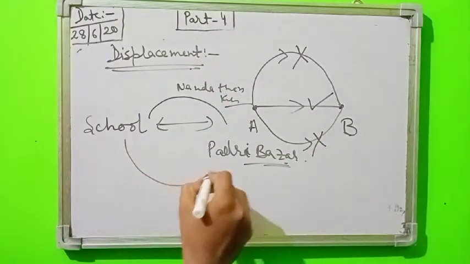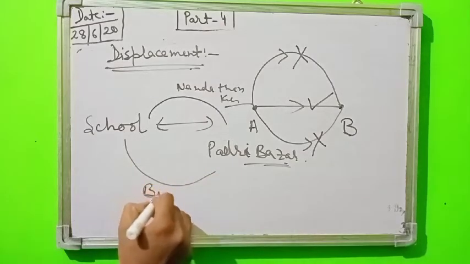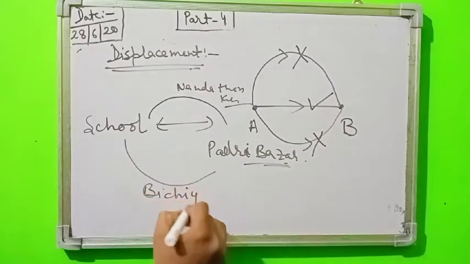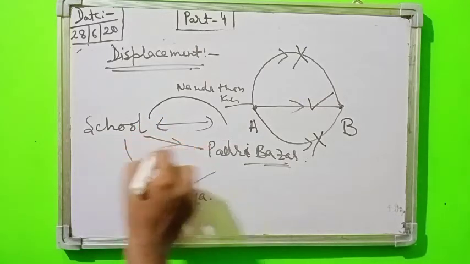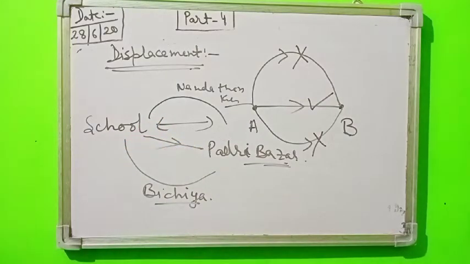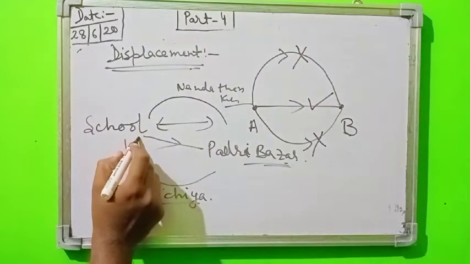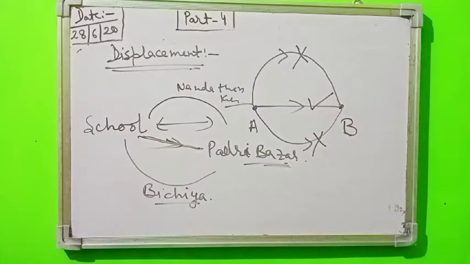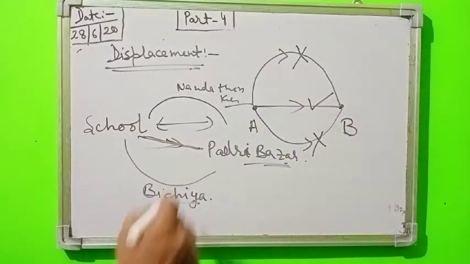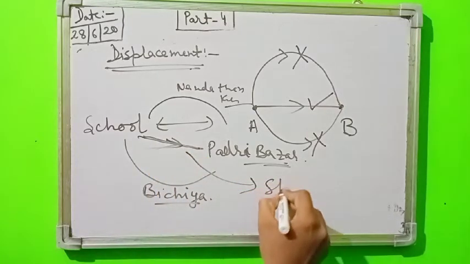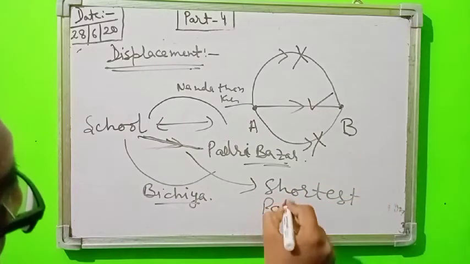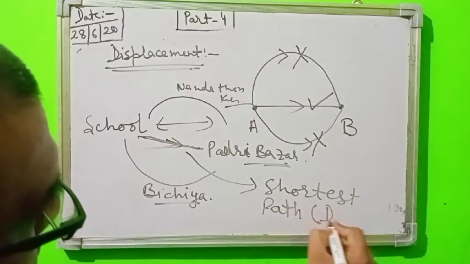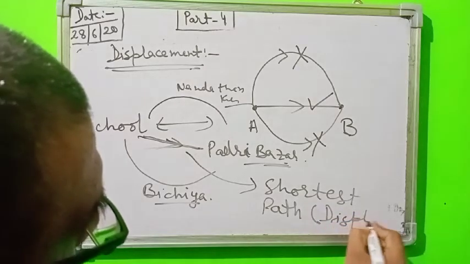Another way is through Michia, and this is a direct way from school to Padri Bazaar. So this is the straight path from school to Padri Bazaar. This is the shortest path, and this is displacement.